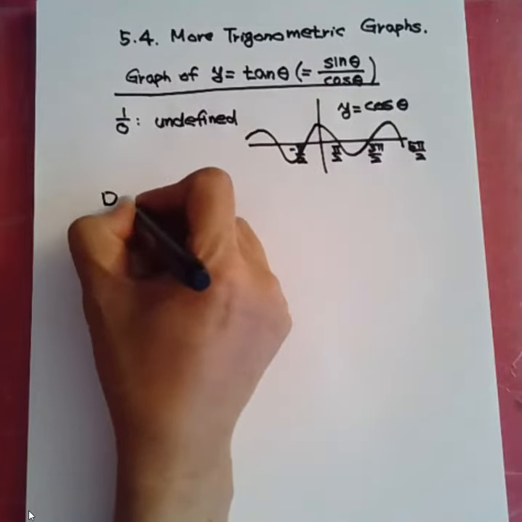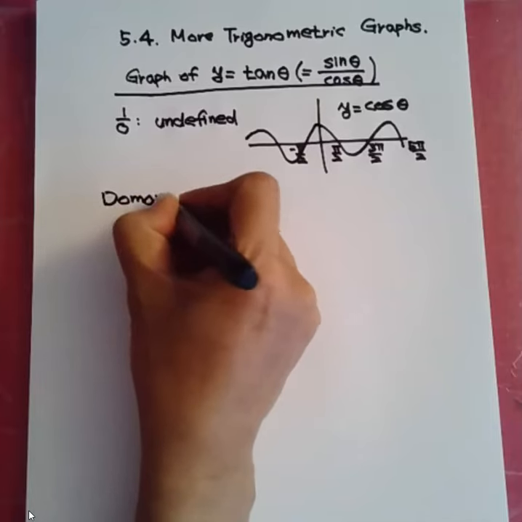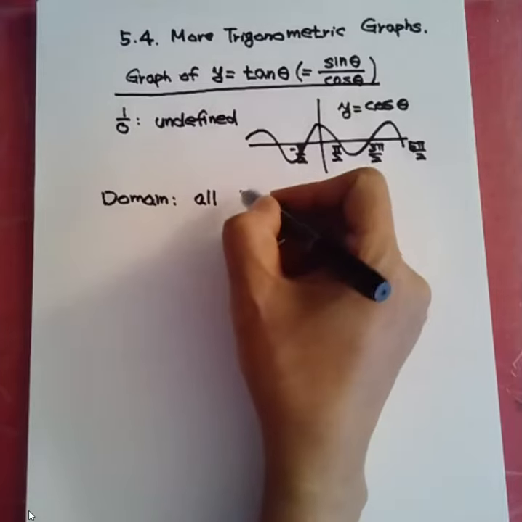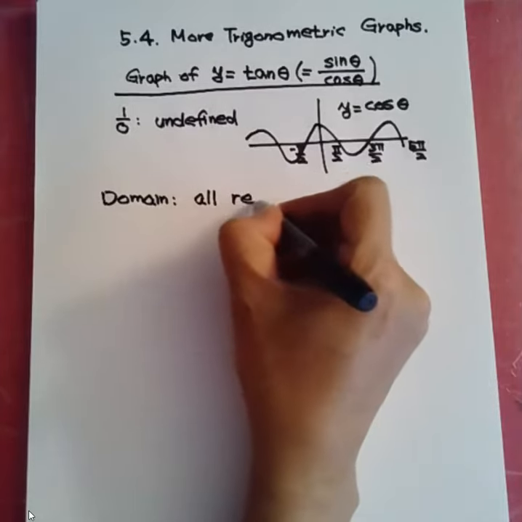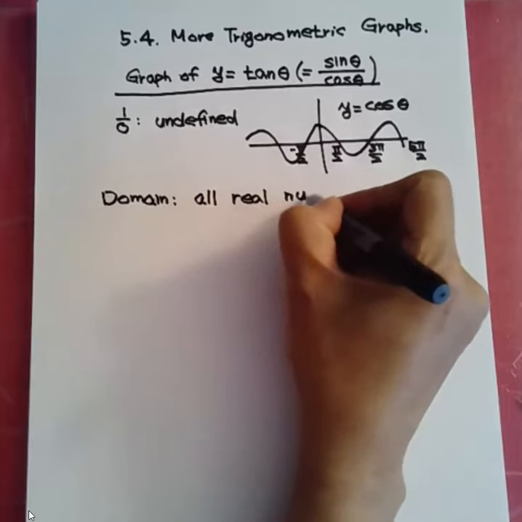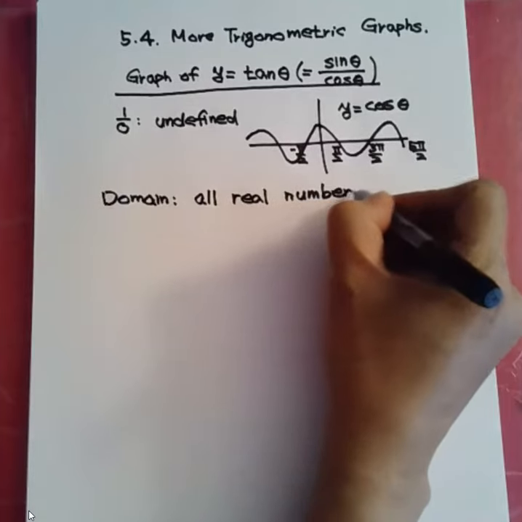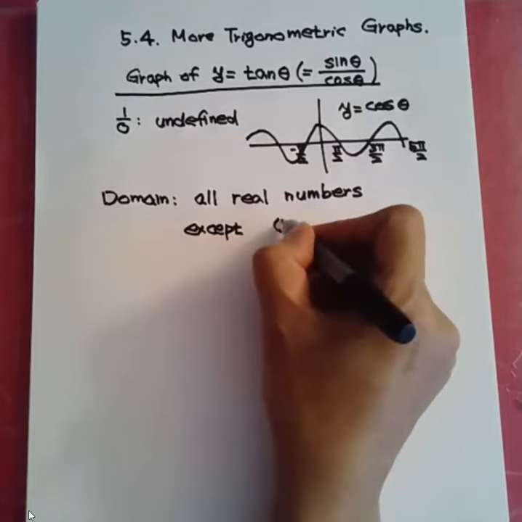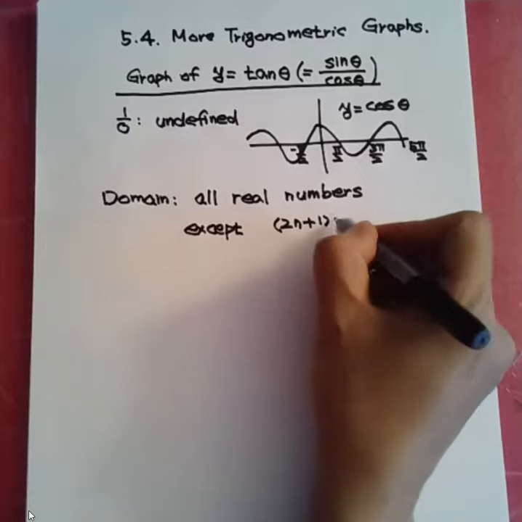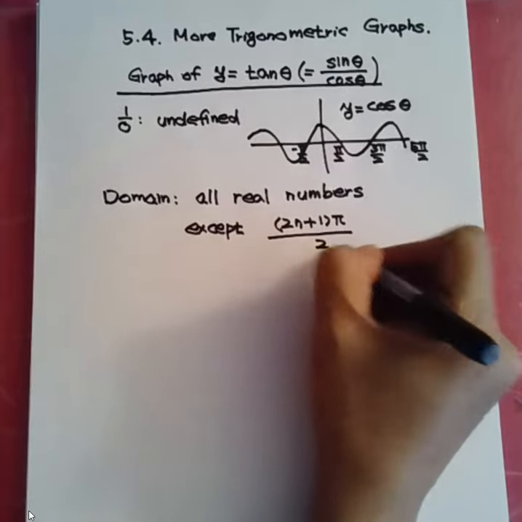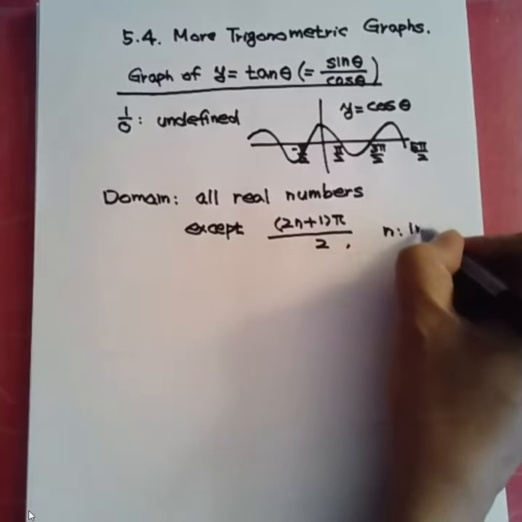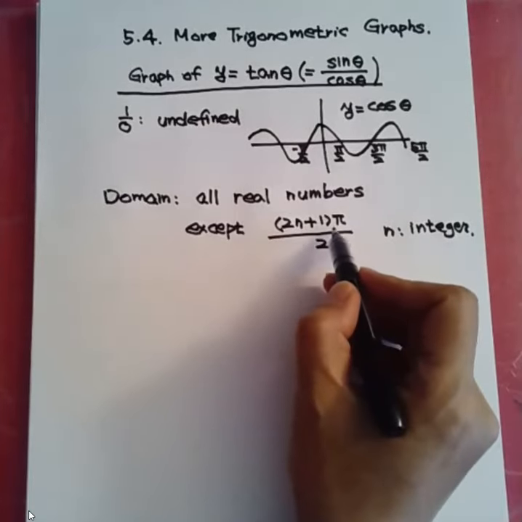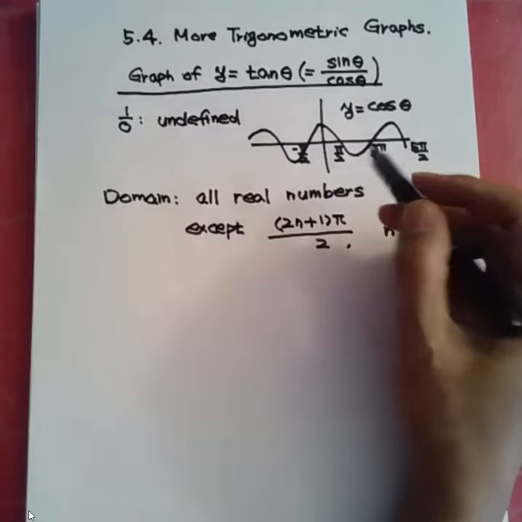So we can say that the domain of the tangent function is all real numbers except 2n plus 1 times pi over 2 when n is an integer. 2n plus 1 times pi is odd multiple of pi.